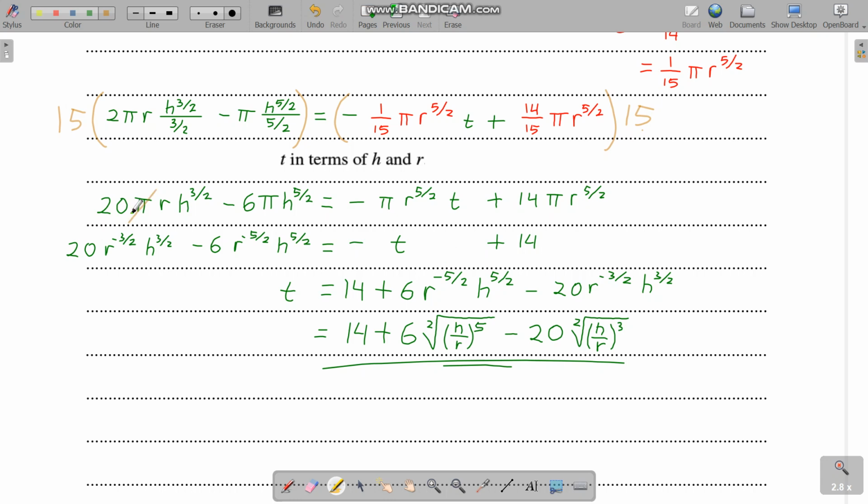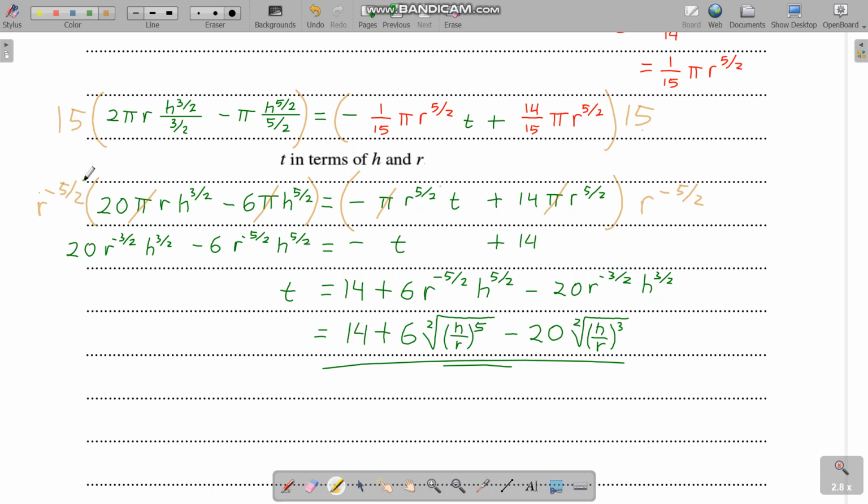Now here we want to find t, so let's divide both sides by pi, so we cancel out all the pi first, and then we divide both sides by r to the power of 5/2, or we can say we multiply both sides by r to the power of minus 5/2. So both sides are multiplied by r to the minus 5/2.